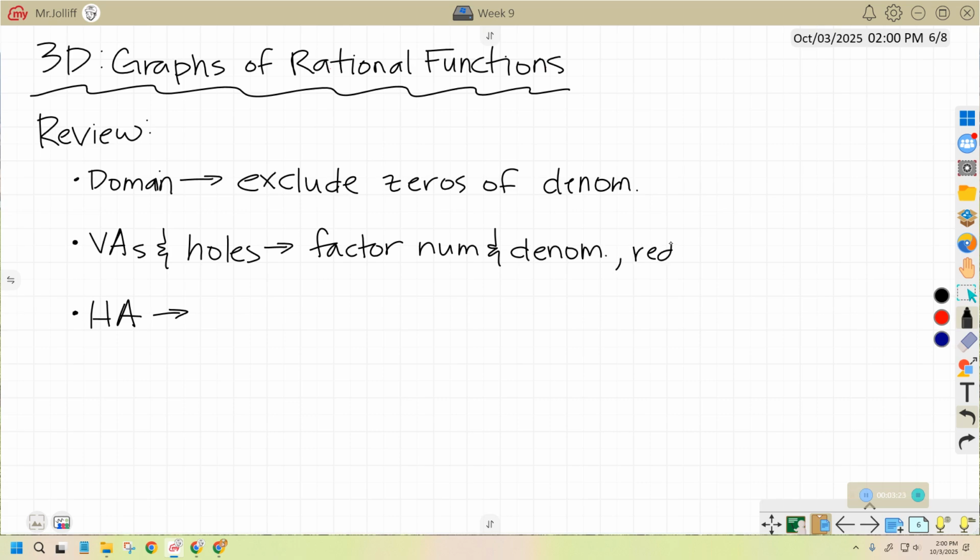We reduced the fraction by canceling those common factors. And then if it got canceled, it formed a hole. And if it was not canceled, it formed a vertical asymptote.